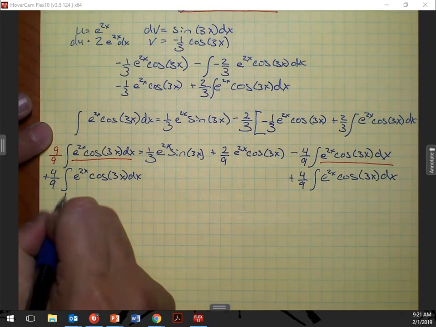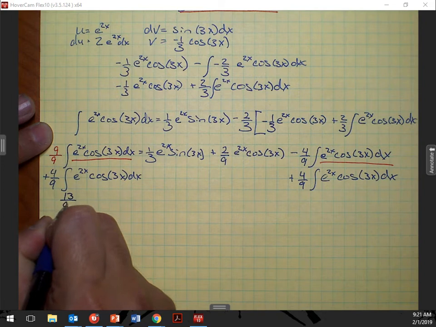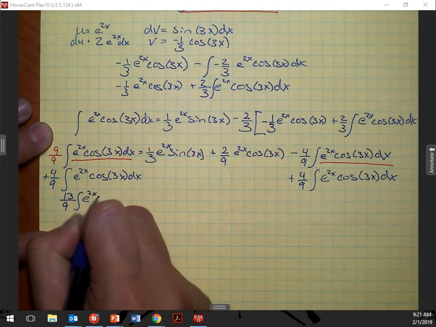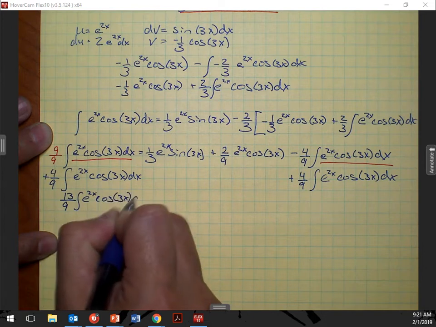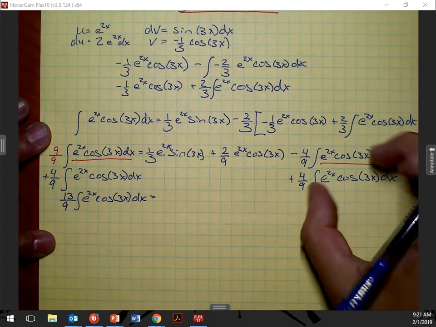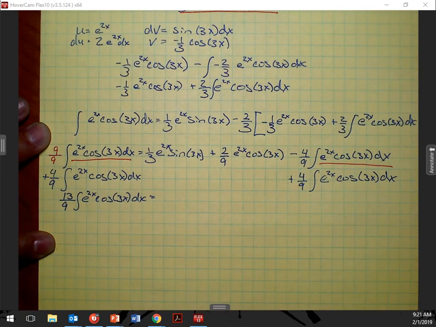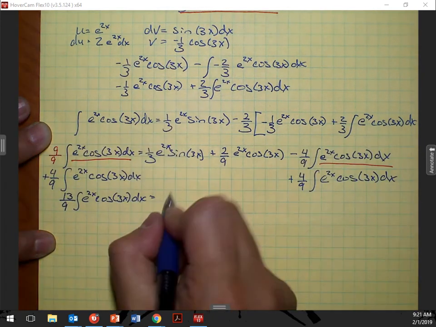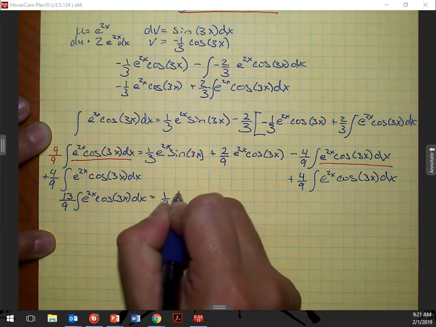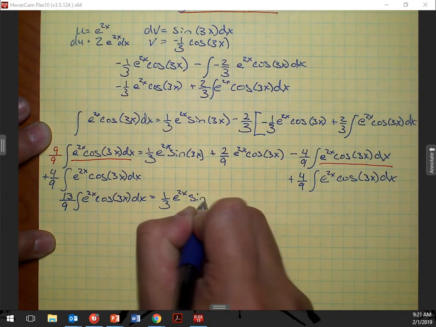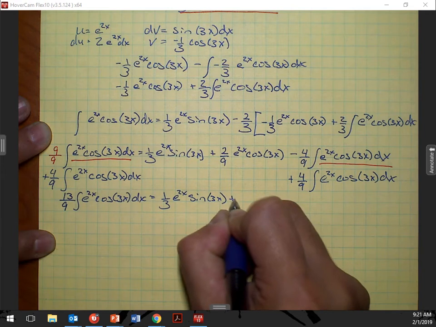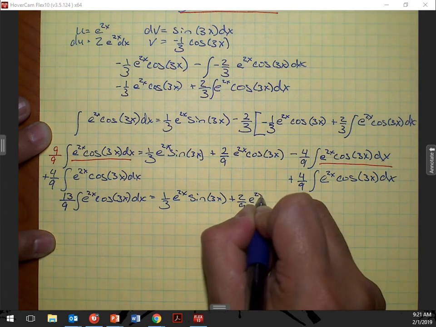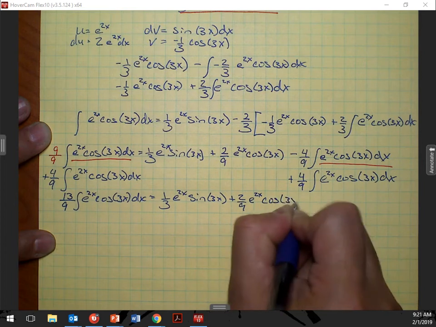So I'm going to have 13/9 integral of e to the 2x cosine of 3x dx is equal to, now since I subtracted this away, I added the opposite, I took it off of this side, I'm left with it back over here, so I get 1/3 e to the 2x sine of 3x plus 2/9 e to the 2x cosine of 3x, right?